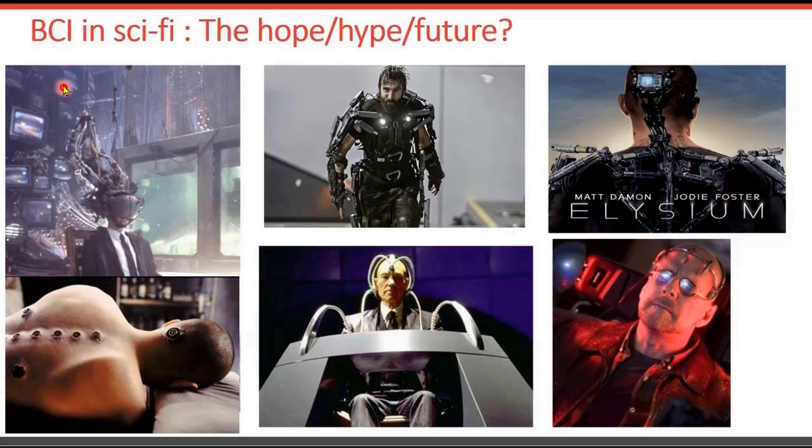These Hollywood movies reflect the idealized form of brain-computer, also known as brain-machine interfaces. So there is a human, and with their brain, they're trying to control either computer applications or some external devices, such as an exoskeleton, robot, or some remote-controlled avatars.